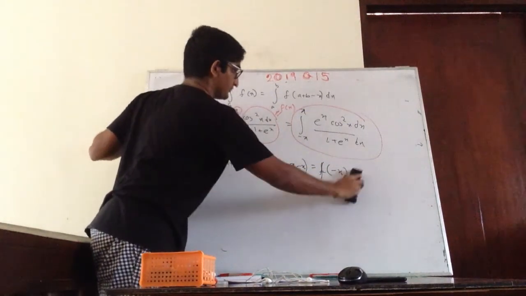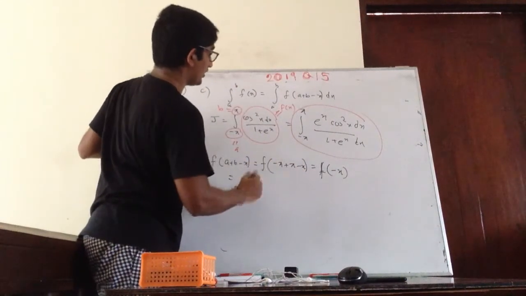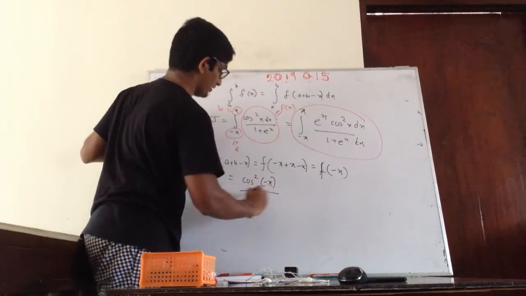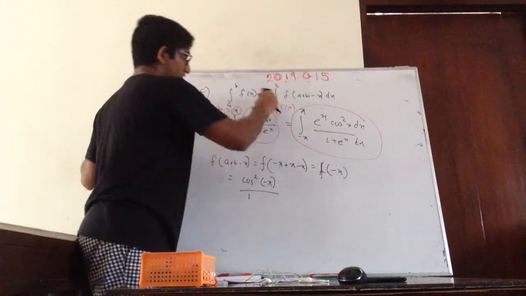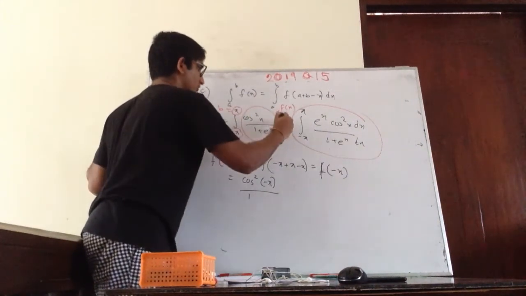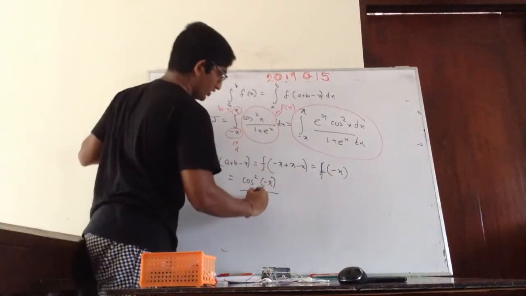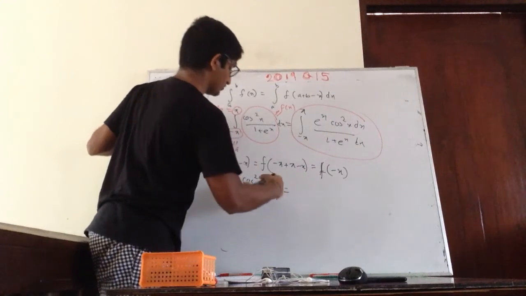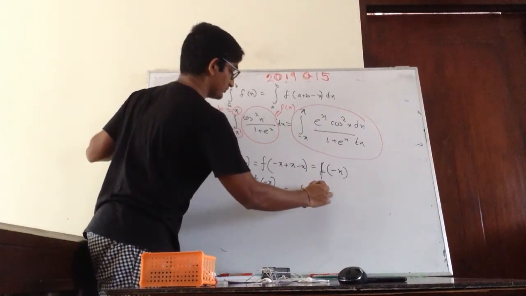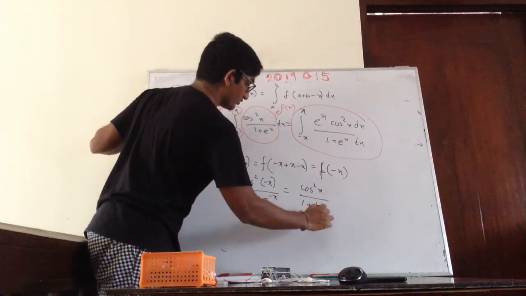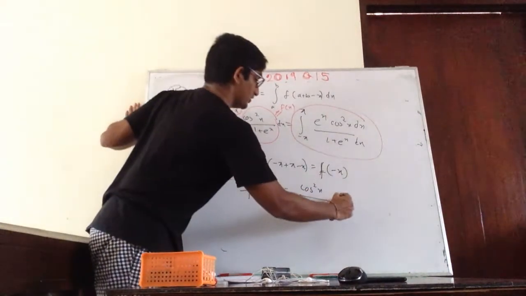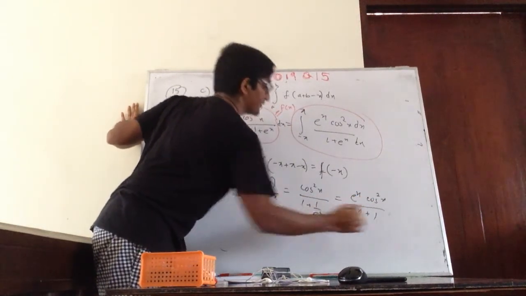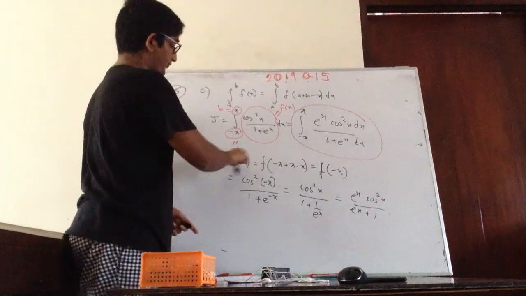I can write that as cos squared of minus x over 1 plus e to the minus x, dx. The cos squared does not change, and this becomes 1 over 1 plus e to the minus x, so you will get e to the x upstairs, over e to the x plus 1. Right, so this is f(minus x).